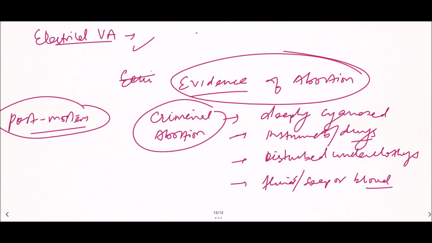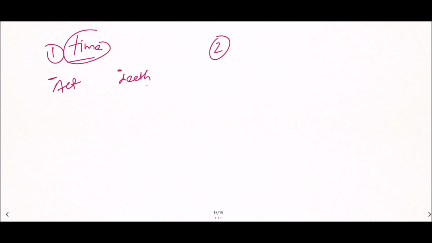The mode of abortion is responsible for various kinds of evidence or findings during post-mortem, and also the time which has passed between the act and the death. So the evidence depends on the time that has passed between the act and the death, and second, the method used.